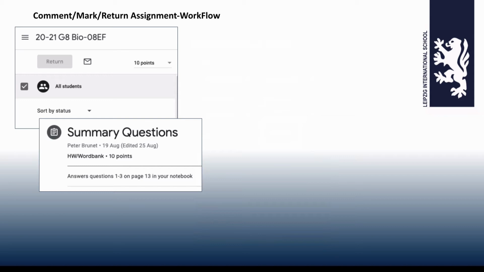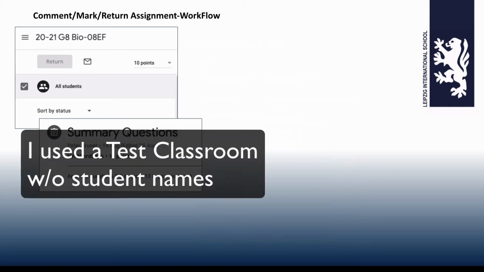If you collect assignments and you comment on them, you mark them, and so on, the students do not see the grade until you return it. So return is just like what you would normally do in the classroom. You hand out papers. I'll show you this example here. This is a reminder to myself to look at this one, summary question one.